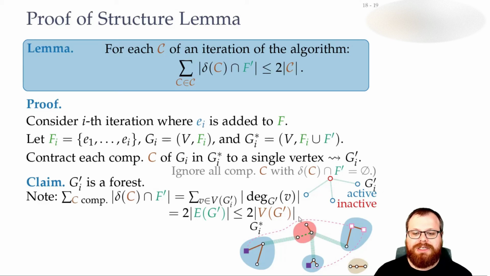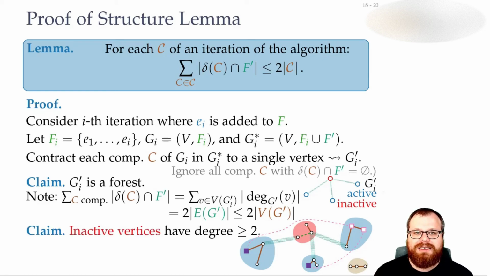Now I want to figure out how many edges must these inactive ones have on their boundary. And in fact they must have degree at least 2. Why is that the case? If they have degree 0, then they are not in this graph. This one here has degree 0, it doesn't have any others. Those we completely removed. Those don't exist.